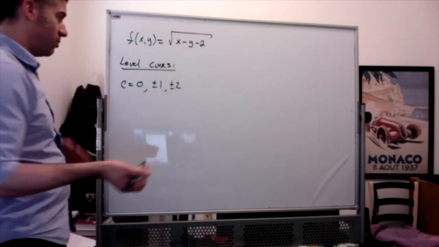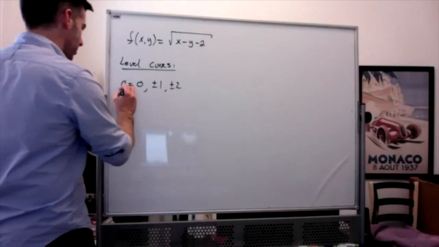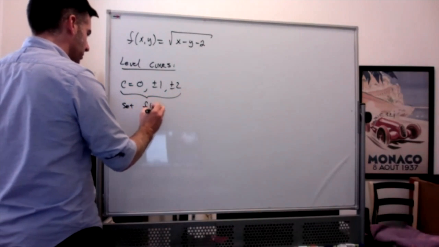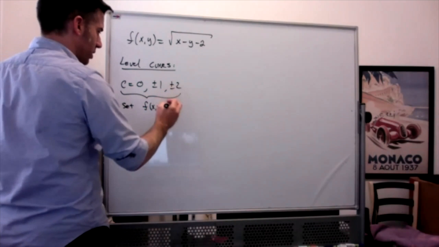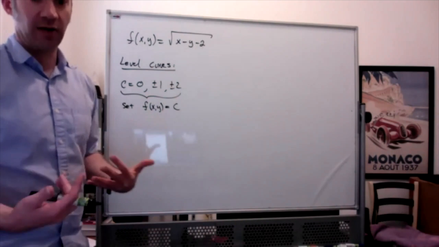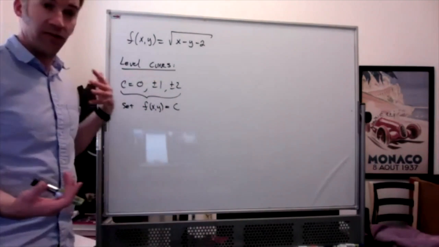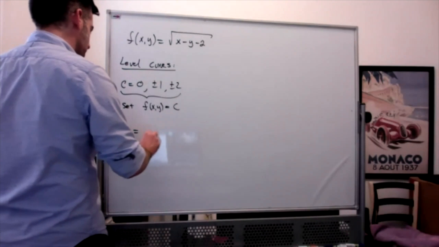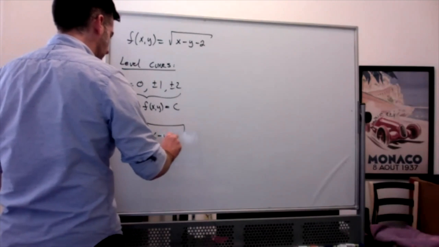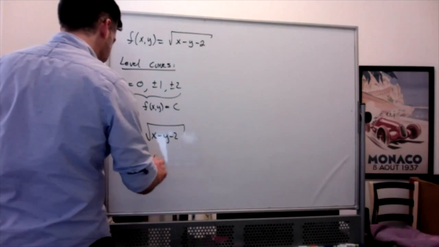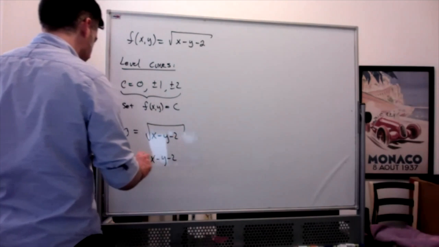All this does is, when we say c, we're going to set the function equal to those values, right? We're setting the elevation, the z value, equal to whatever the level curve value is. So let's see what we get. When I get 0 equal to the square root of x minus y minus 2, I'm going to square both sides. I'm going to get x minus y minus 2 equal to 0.